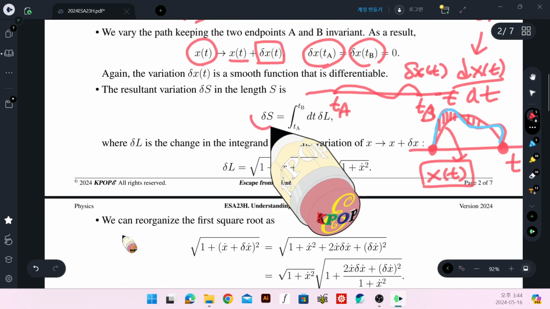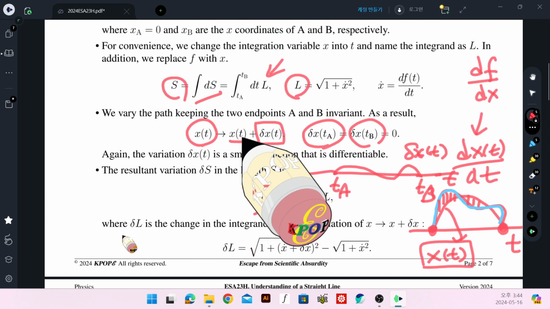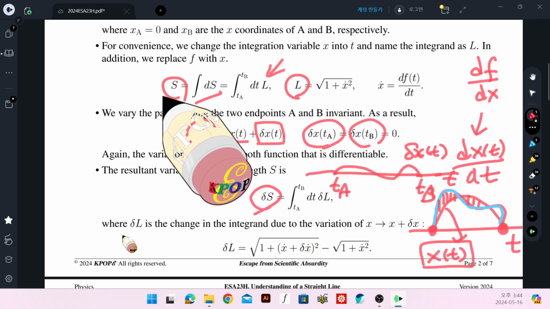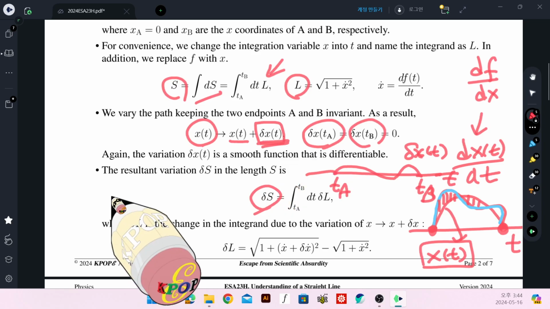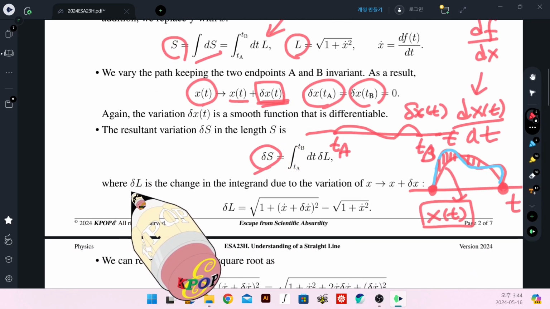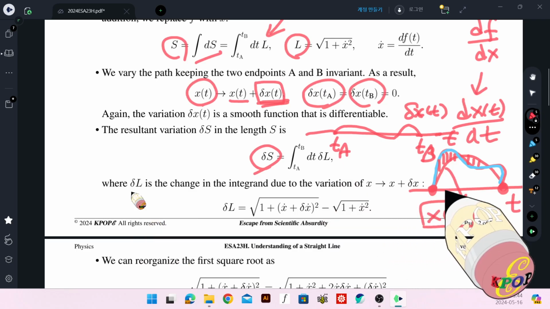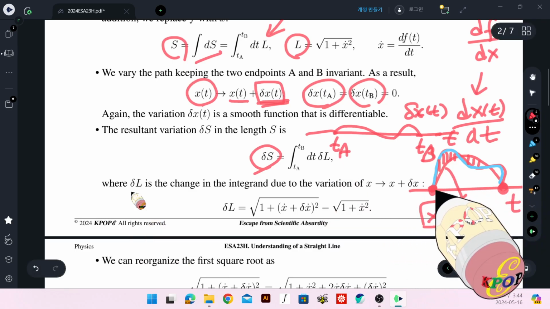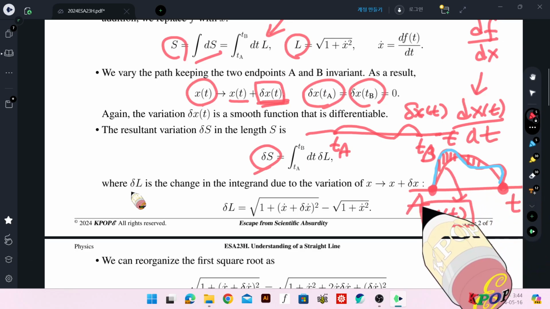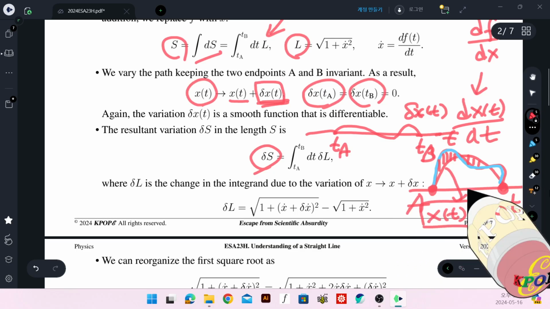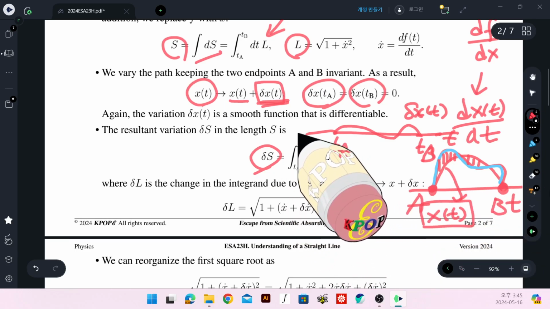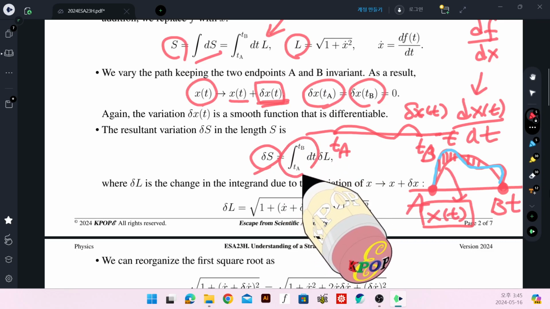And we'd like to check how the length of the curve changes depending on the variation. That is our next problem. Now the x-axis is still the same. The two points are fixed, and the x-axis is still the same. So everything is invariant.